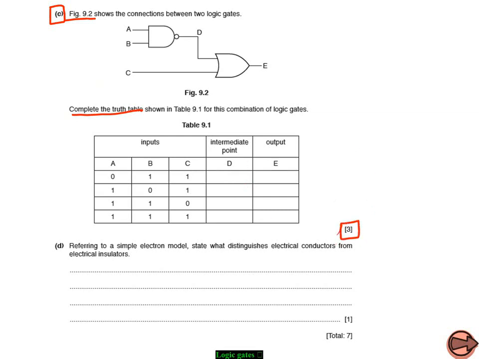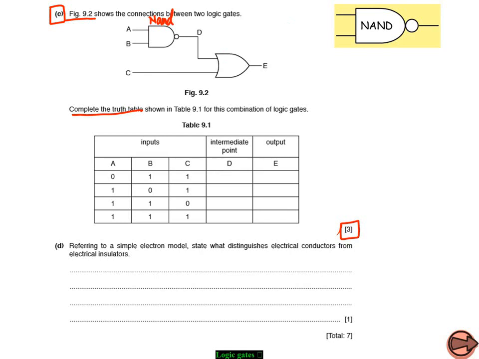Now, how can we answer this question? First of all, we need to identify these different logic gates. So let me show you these symbols. This is a NAND gate. If we look at this gate, we can simply say that this gate is NAND. N means NOT gate and AND gate.